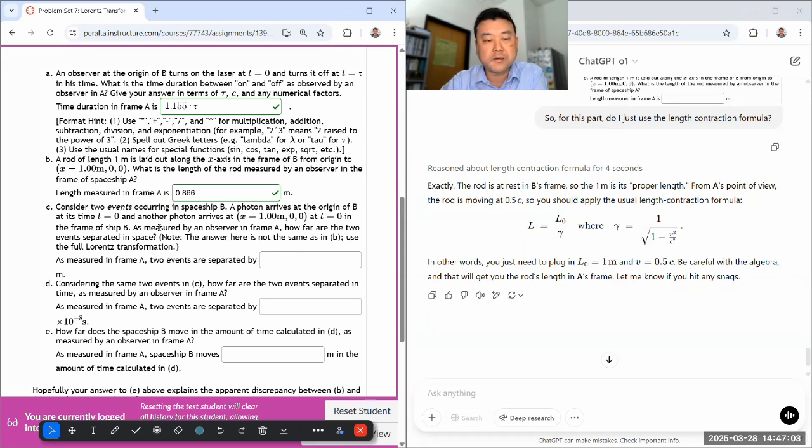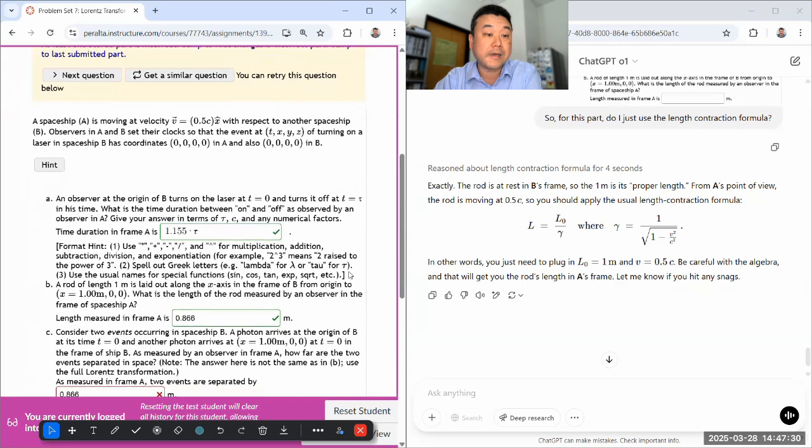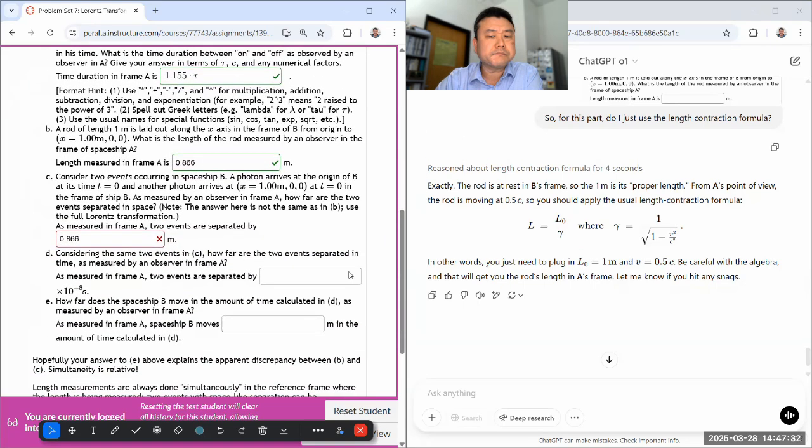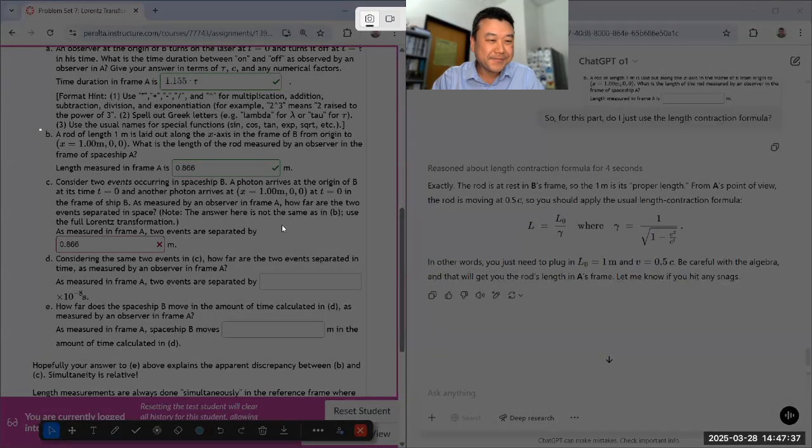B is a simple length contraction. So why not another application of length contraction? A is moving relative to B, therefore B's length should be length contracted to A. So you could be thinking C and B are basically the same question twice, worded in a complicated way. Then you miss it.